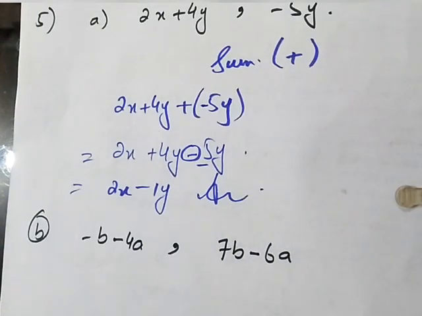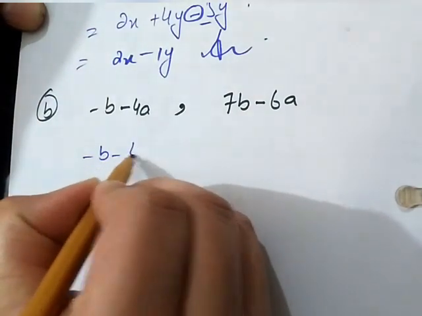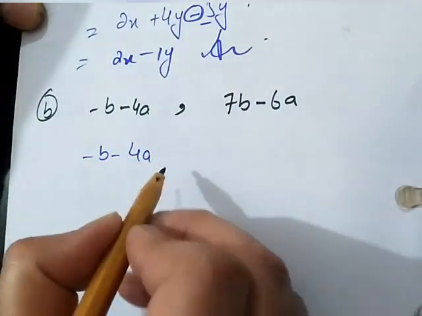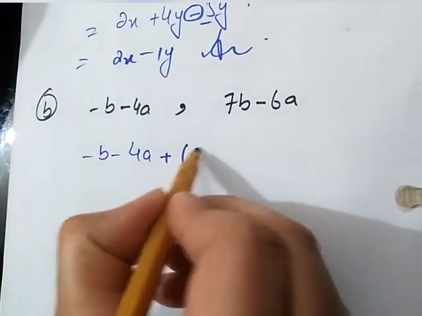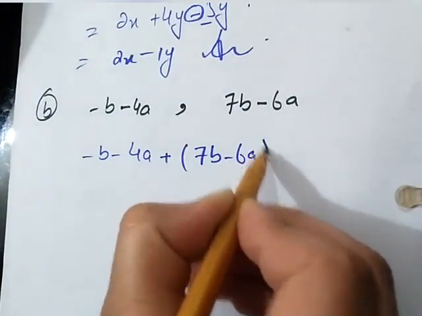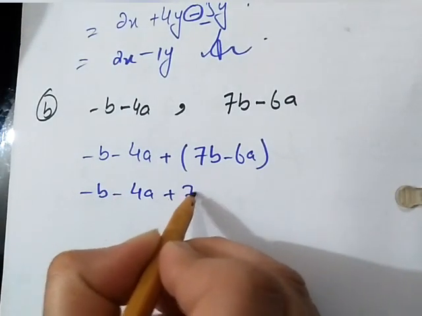Okay? Now again what we have to do is just sum up these two expressions, replace this comma with plus. Okay ji, minus b minus 4a, replace this comma with plus because we sum up the two expressions, then 7b minus 6a, minus 4a plus 7b.